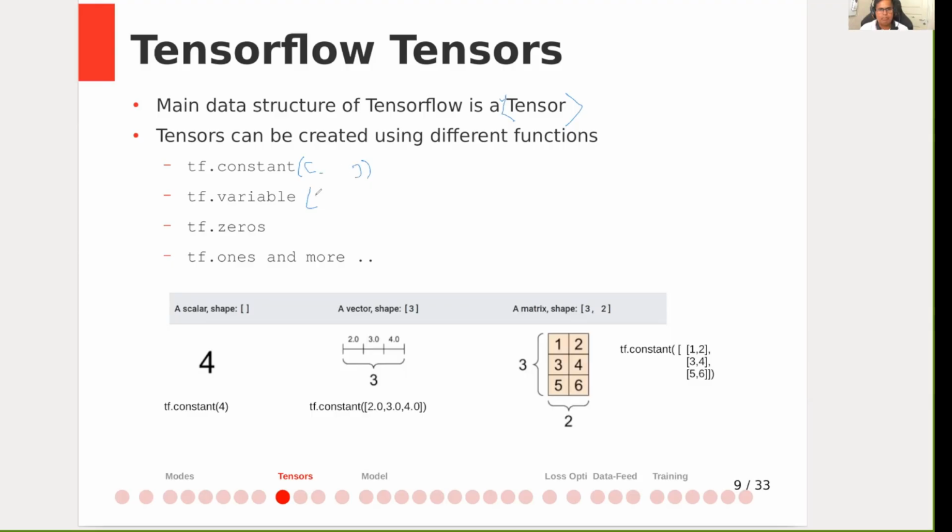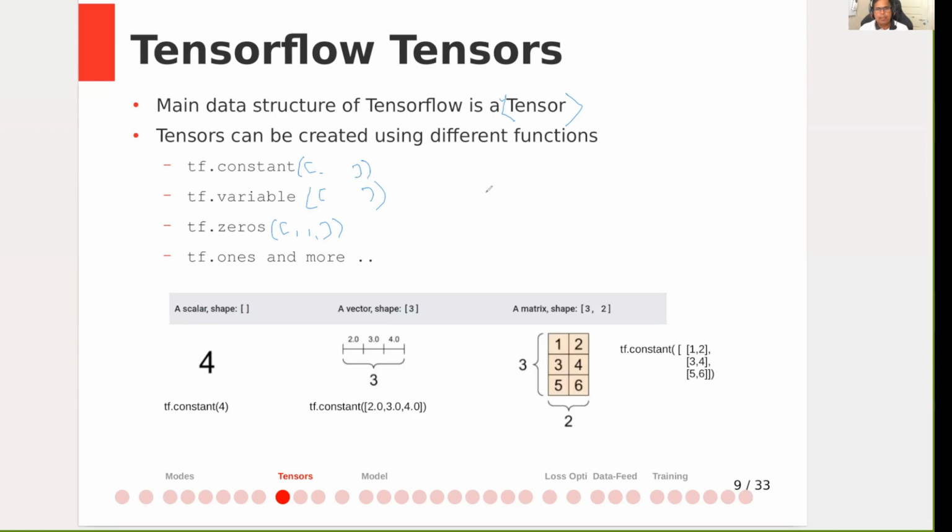Or tf.Variable, where the input should be, as in tf.constant, a NumPy array or Python list. And tf.zeros, where you define the shape of the tensor, and tf.ones is of the same category, where you define the shape of the tensor to be created. So there are many ways to create tensors. Sometimes you create tensors directly, but sometimes you create them indirectly using other functions.